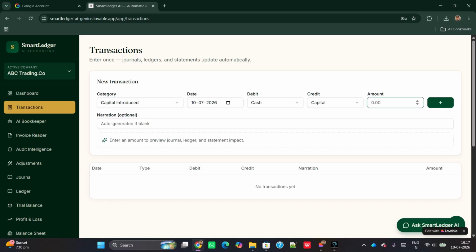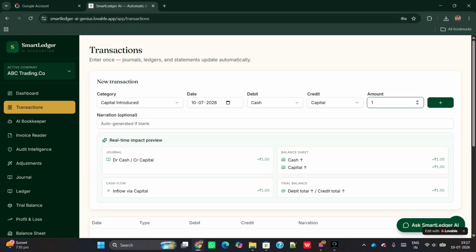Now let's insert the amount of the capital. So let's say the capital introduced is 1 lakh. Once we insert the amount, the real-time effect, or the preview of what entries are to be made in the journal and financial statements, is highlighted here.